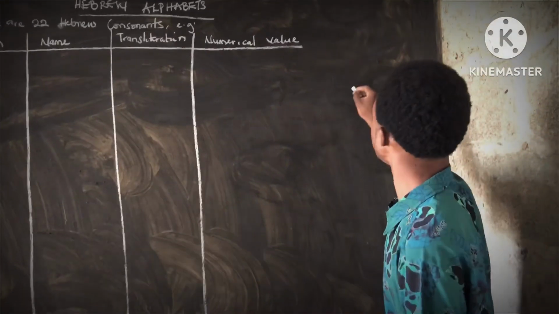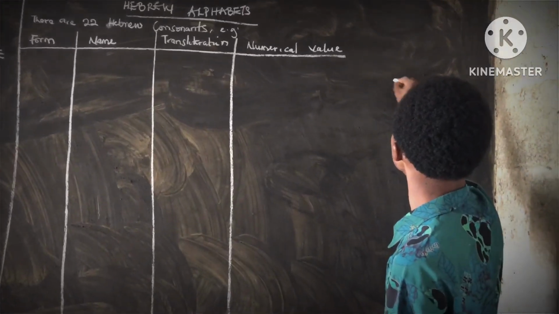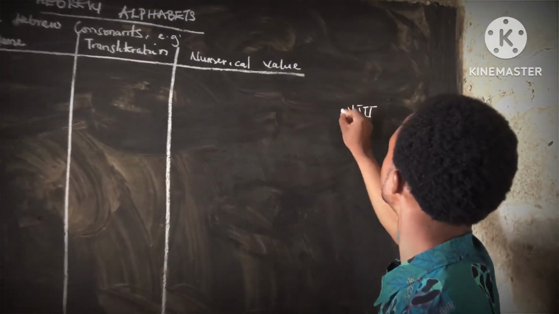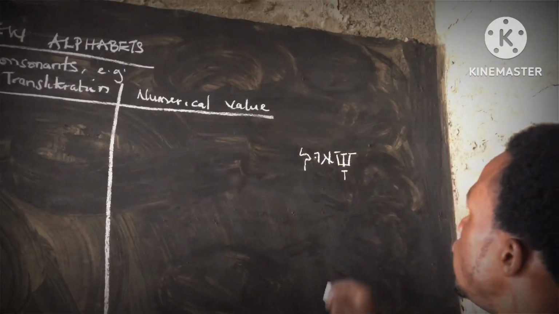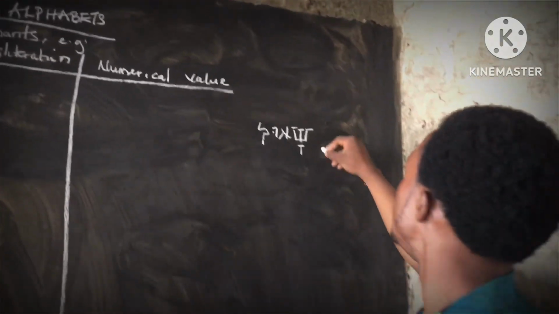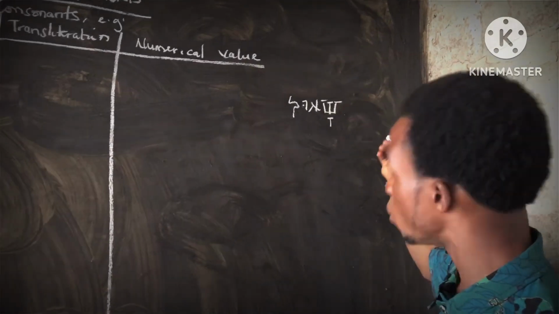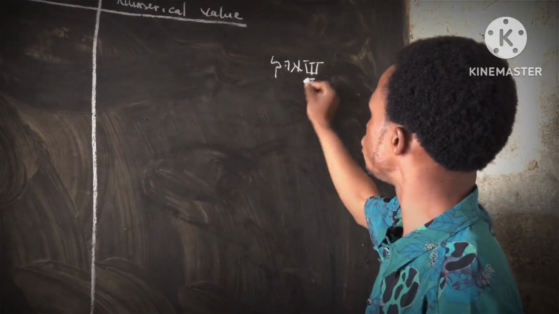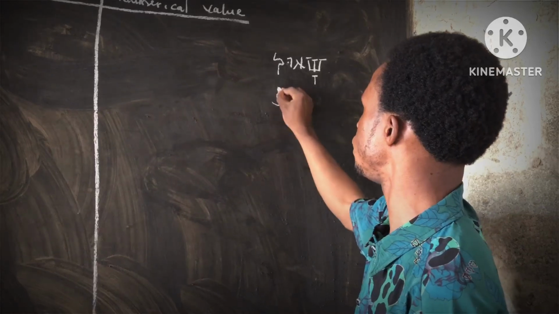For instance, we have Shaul that was used before: Shin, Aleph, Vav, and Lamed. You can see that we start writing from the right to the left. Unlike English, when we transliterate it, you bring it back to left to right.